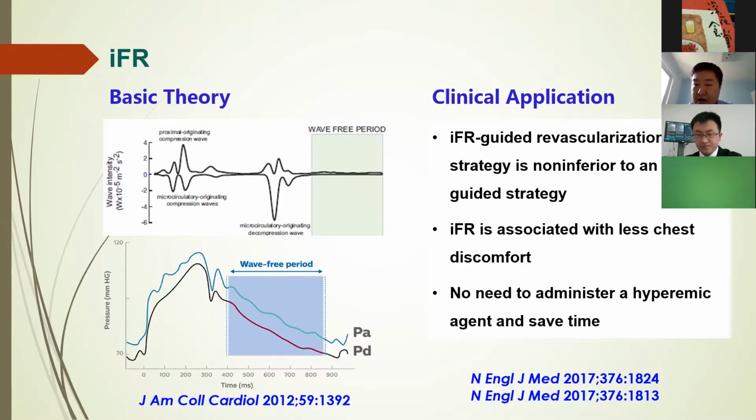The iFR-guided revascularization strategy is non-inferior to an FFR-guided strategy. iFR is associated with less chest discomfort because the patient doesn't need a hyperemia agent. In this case, the iFR also can save time.